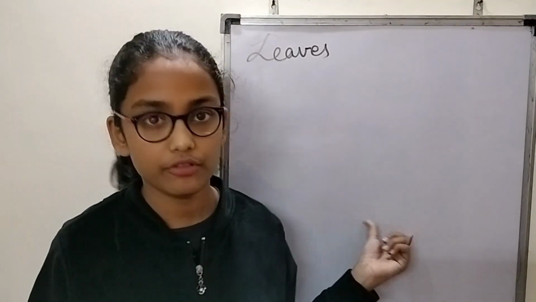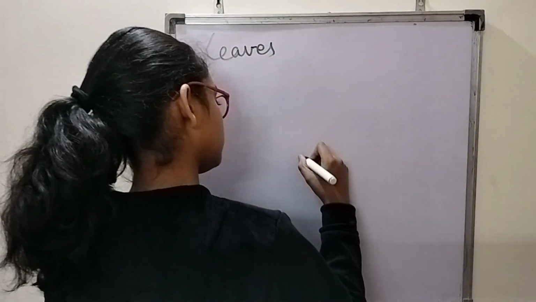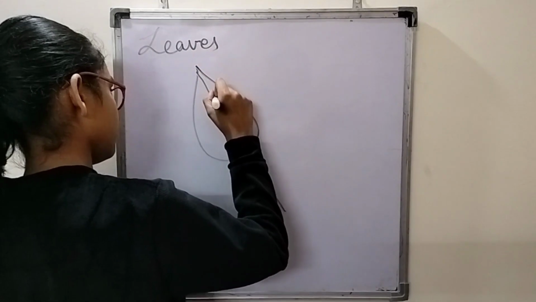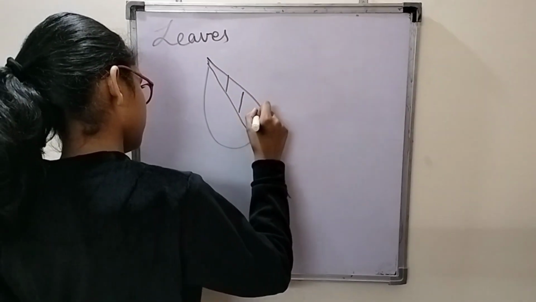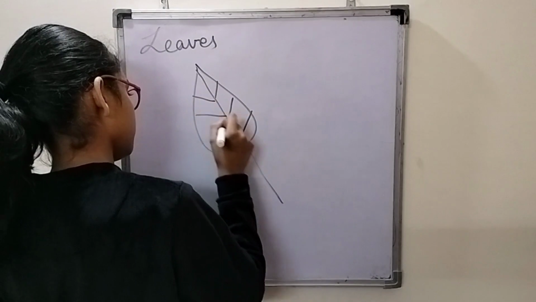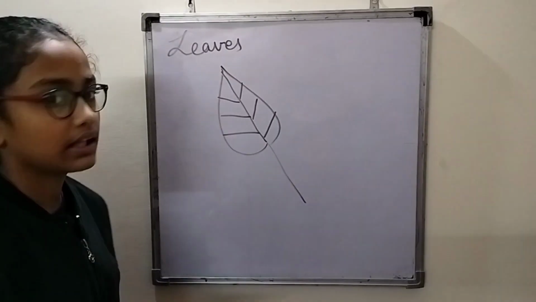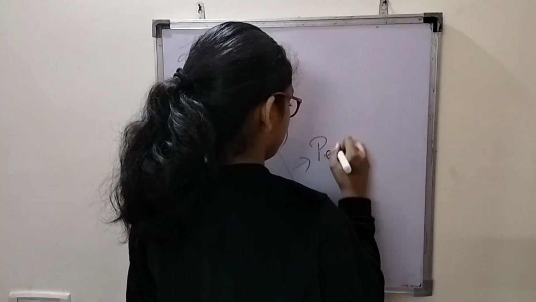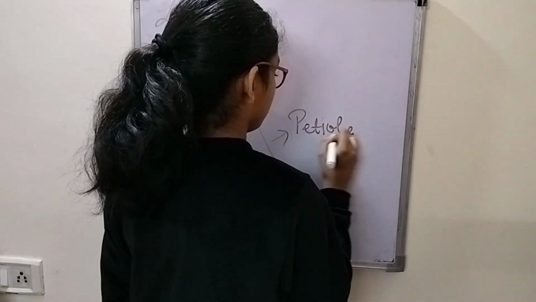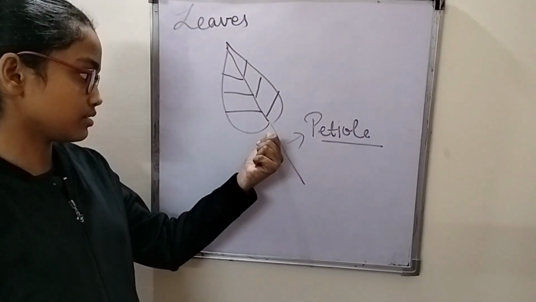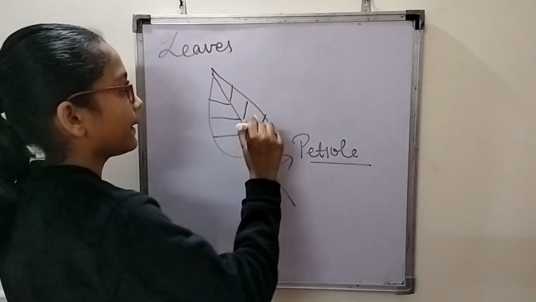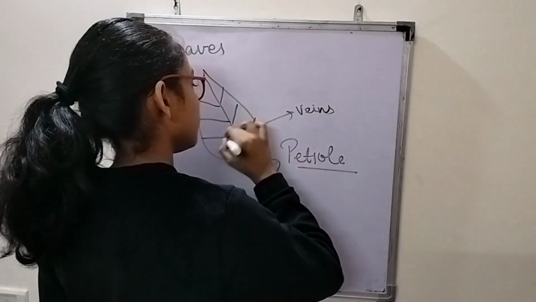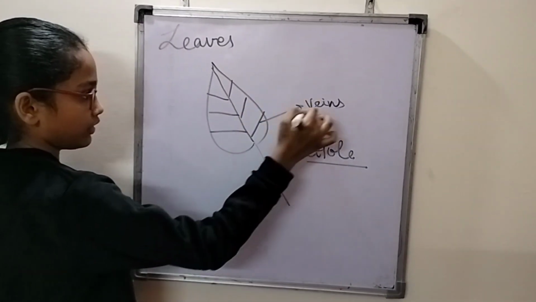So let us draw the diagram of the leaf. Okay. So its first part is petiole. This is known as petiole. This is veins. These are the veins.